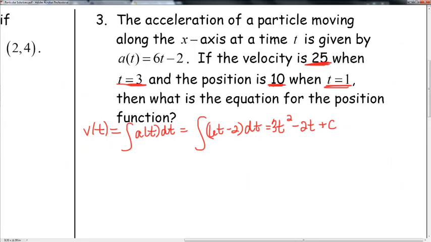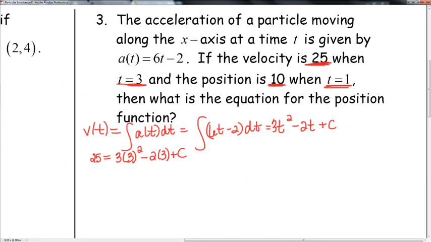So I can say 25 is equal to 3 times 3 cubed. Again, I got that from the information above. If my velocity is 25, that's the y coordinate, and my t is 3. Sorry, I wrote to the third. It's supposed to be squared. Sorry about that. And then minus 2 times 3 plus c.